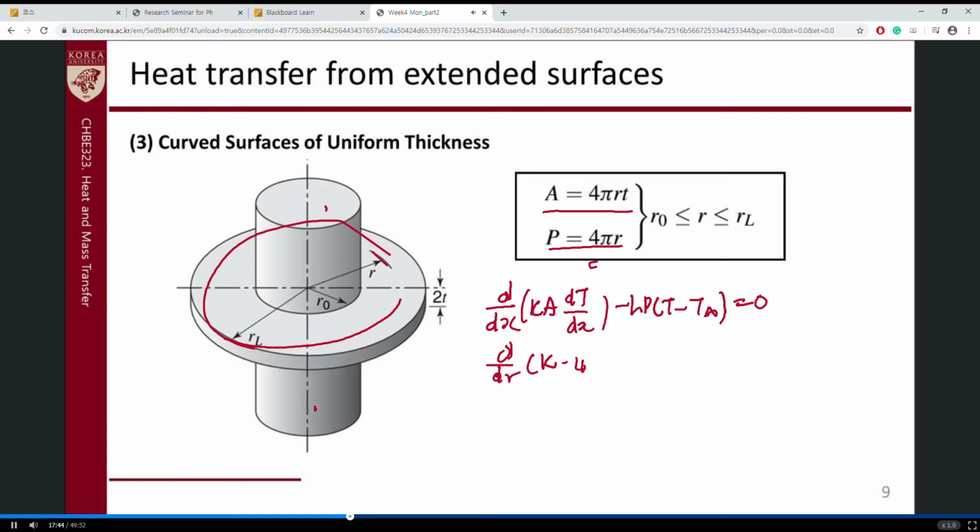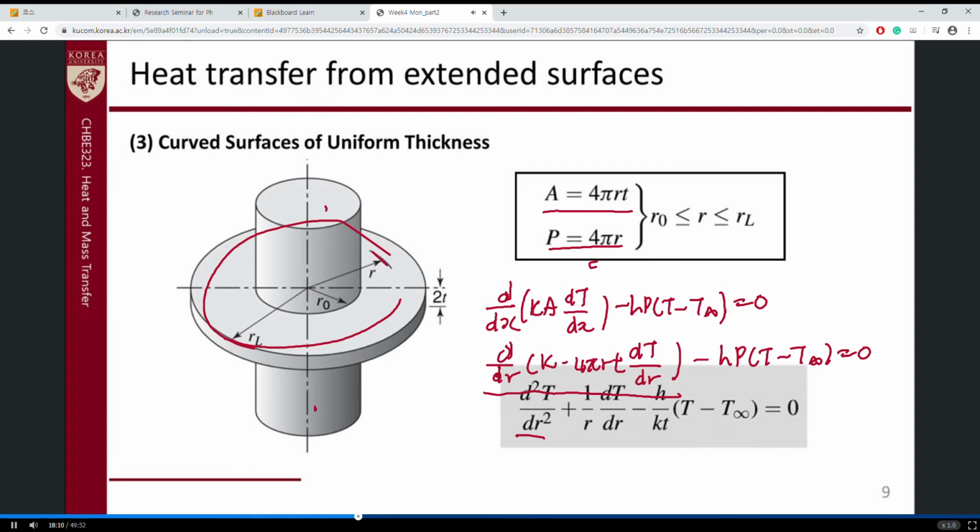What is k? d/dr of k 4 pi r t dT/dr minus hP (T minus T infinity) equals 0, right? So after we calculate this, we will get these equations, okay? So yeah, the second order part and first order part and this part. Oh, sorry. You should substitute this 4 pi r to here, okay?